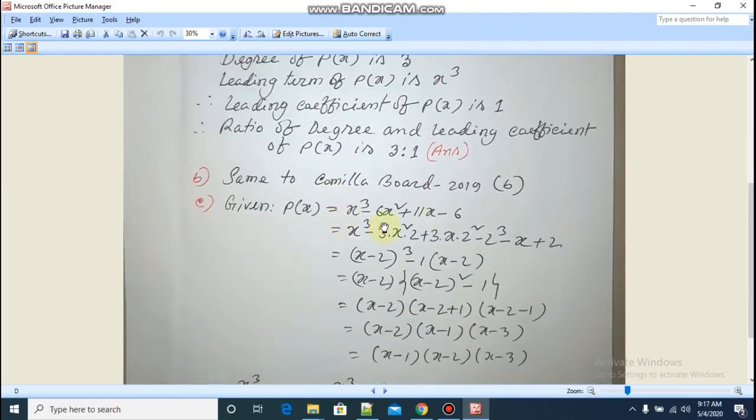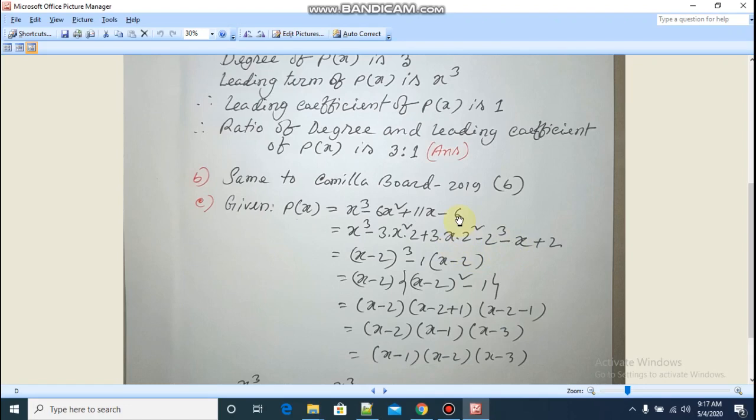P of x equal this, x cube, 3 into x square into 2, that is 6x square. So a cube minus 3a square b plus 3ab square minus b cube, but x cube minus 6x square. Here 11x, but this is 12x, so we can write minus x.